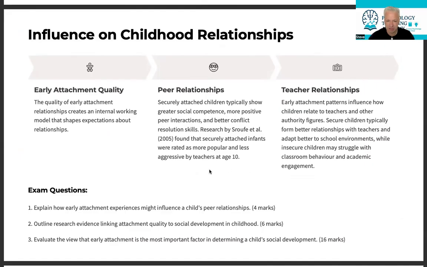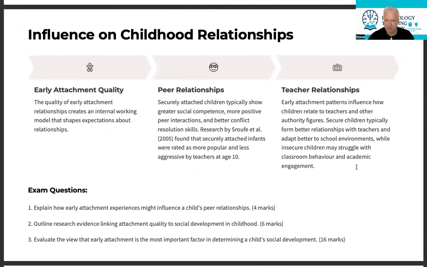Peer relationships. The research found that securely attached infants were rated as more popular and less aggressive by teachers. So secure, type B, seems to be the best, really. A good way to remember those is type A for avoidant, B is secure, and type C is insecure resistant.